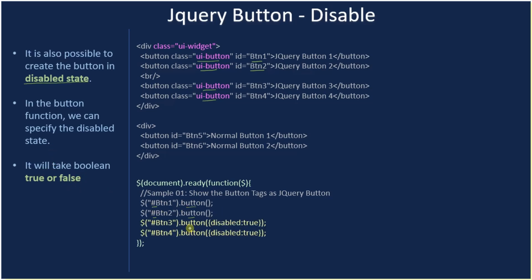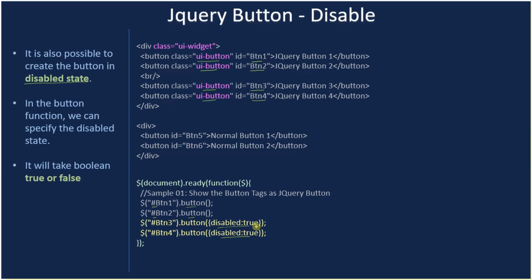Now here, if you see, we are still calling the button function on these two button elements, button 3 and button 4. But this time we are specifying the state disabled equal to true for both. So since we are passing the state, the button will get displayed as a disabled button.